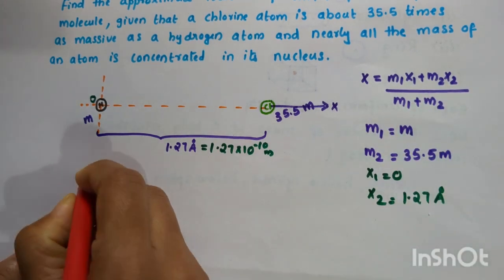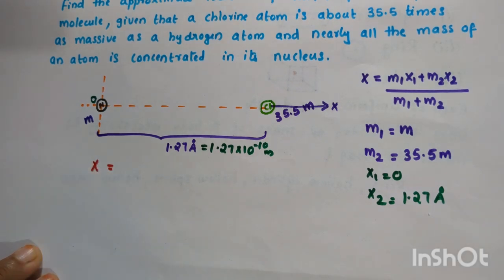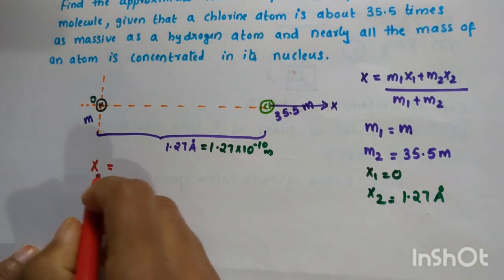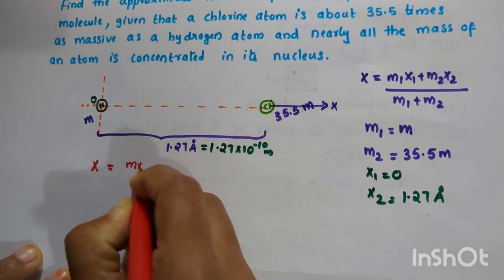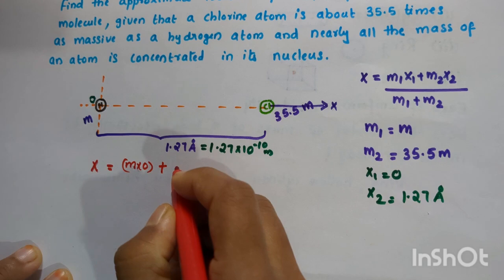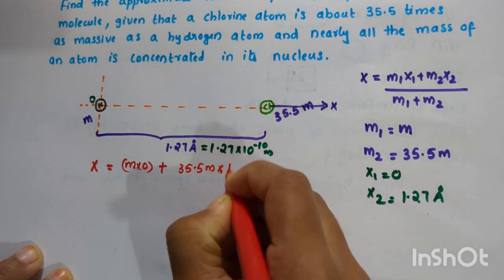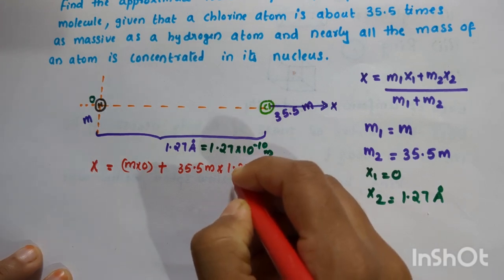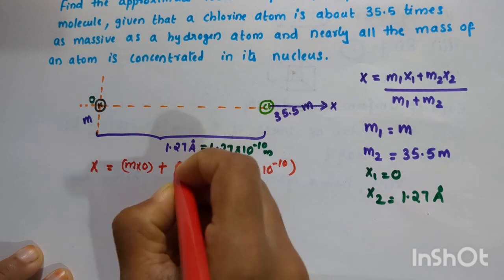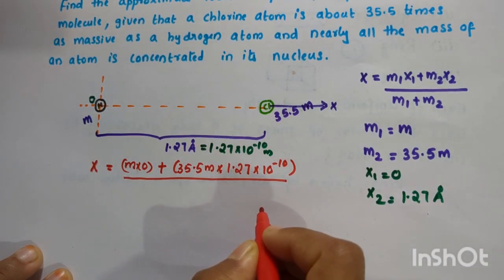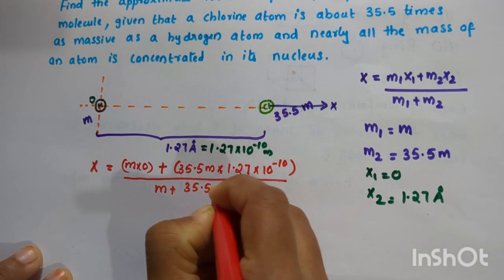By substituting the values, we get the position coordinate of the center of mass, x, equal to m1 into x1. Here m1 is m and x1 is 0. So m into 0 plus m2 x2, where m2 is 35.5 m and x2 is 1.27 into 10 raised to minus 10 meter, divided by m1 plus m2, that is m plus 35.5 m.